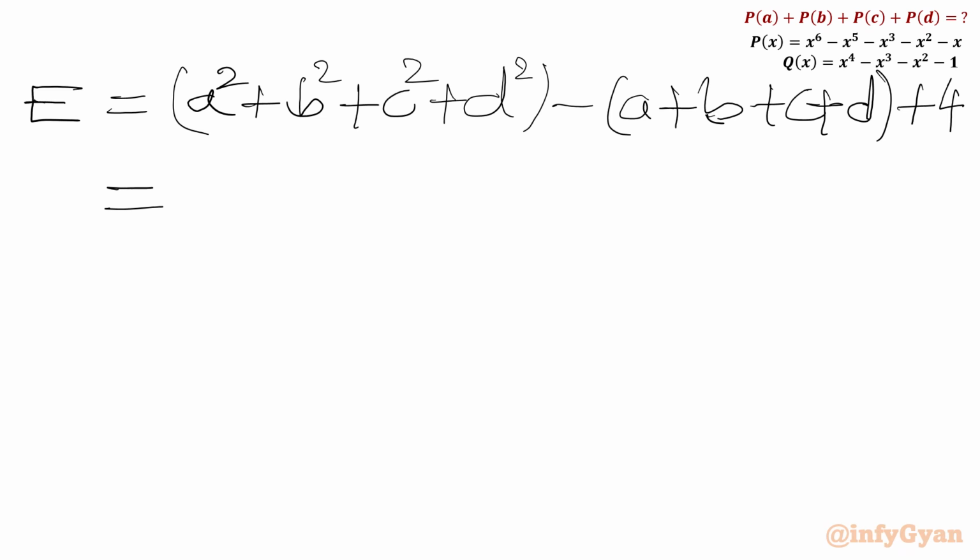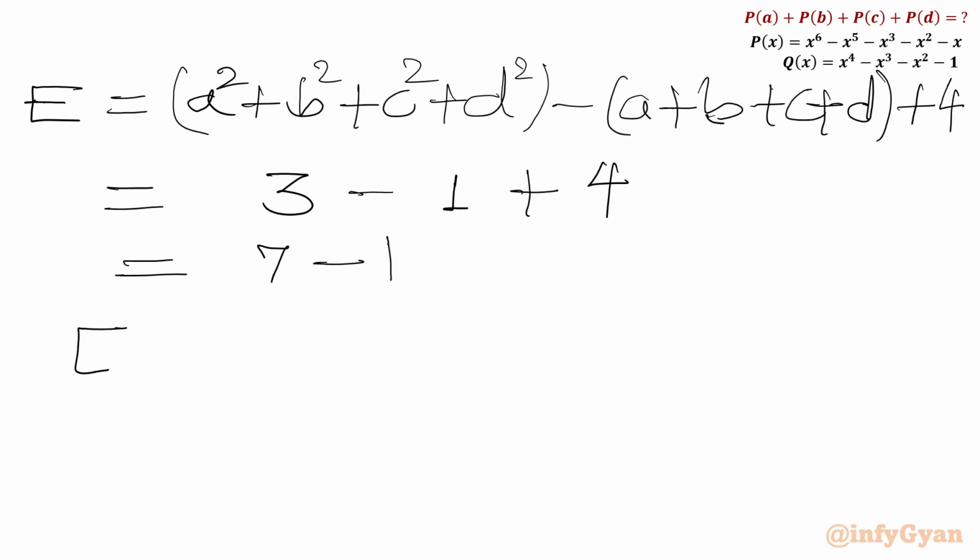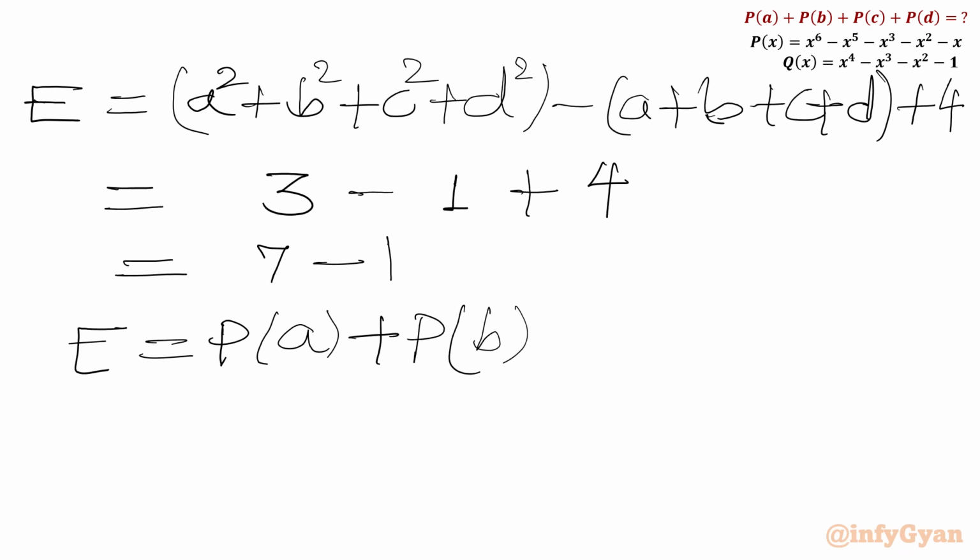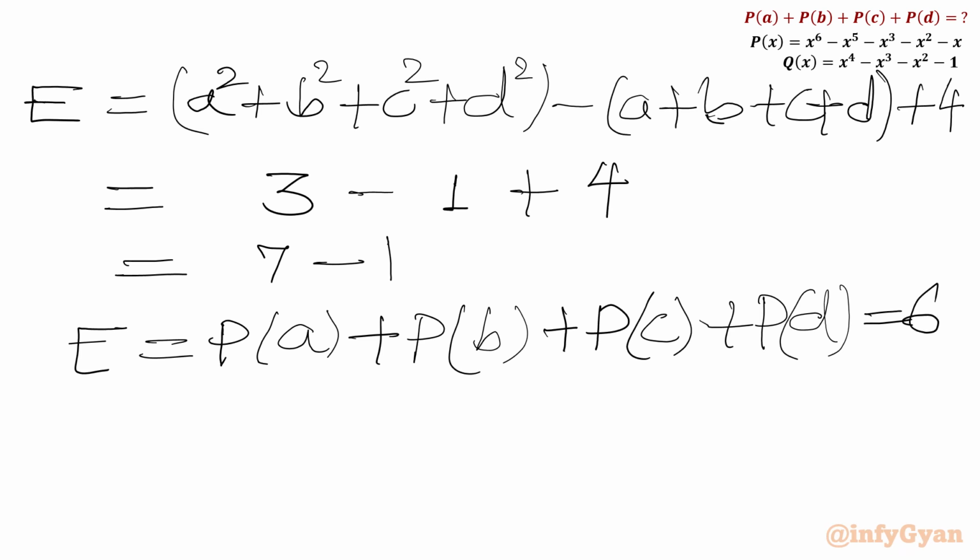Now we have to plug in values. So a square plus b square plus c square plus d square is 3, minus (a plus b plus c plus d) which is 1, then we have 4. So we can write 7 minus 1. Our required answer, P(a) plus P(b) plus P(c) plus P(d), will be equal to 7 minus 1, which is 6.